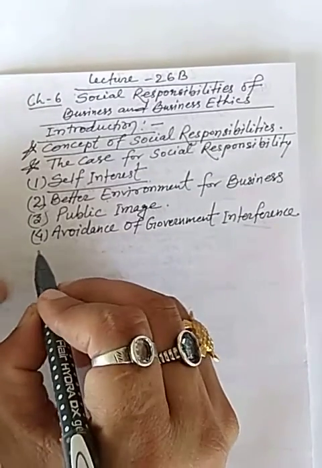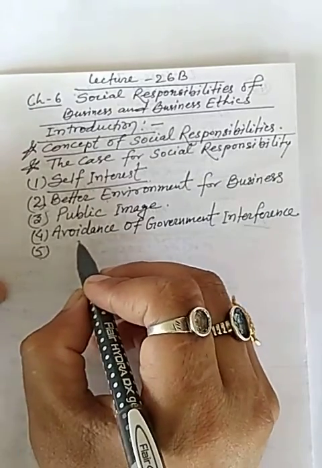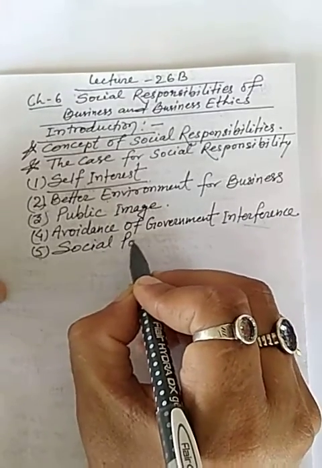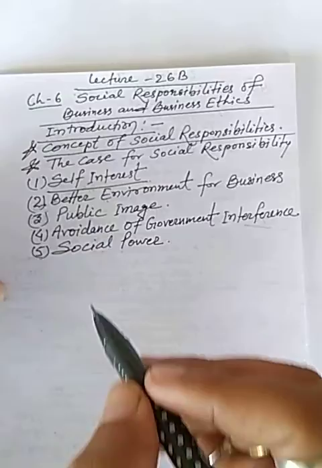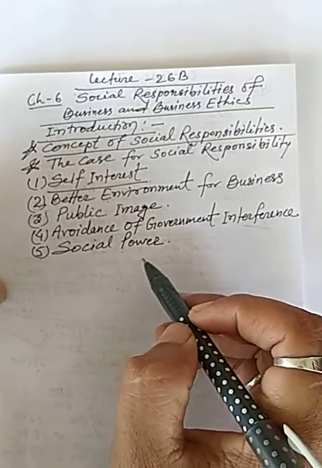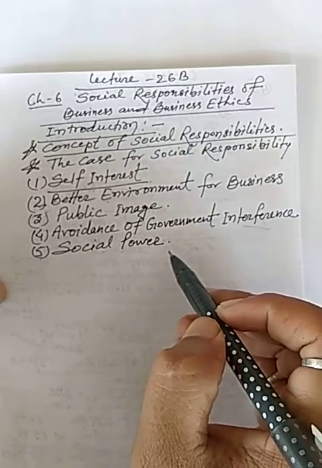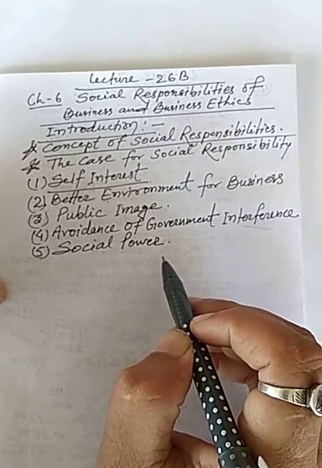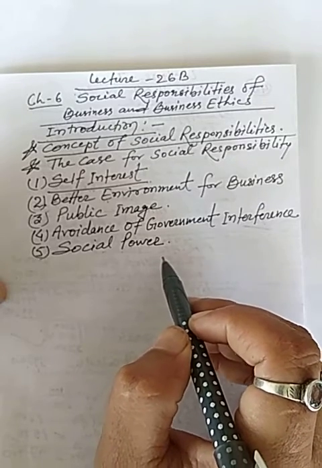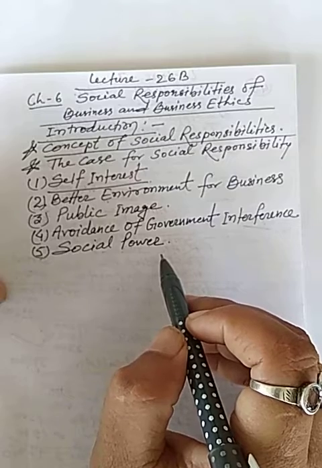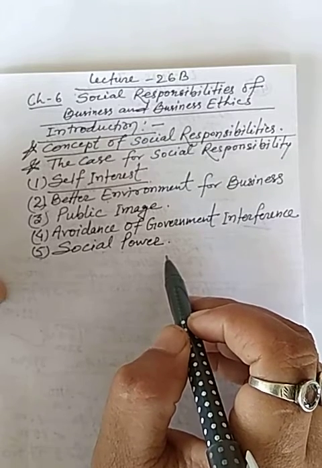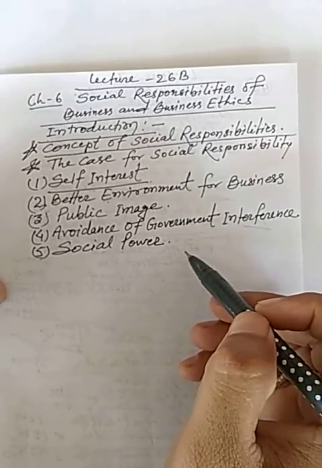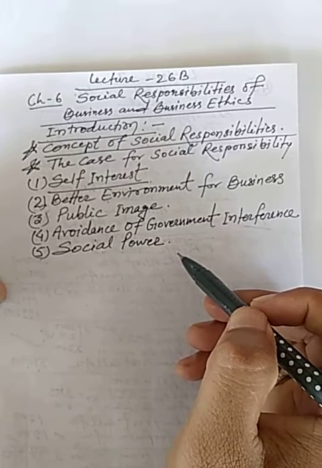Now, fifth point is social power. A business firm has considerable social power. It directly affects the rate of economic growth, employment opportunities, distribution of income, etc. Business has a corresponding responsibility toward the society.